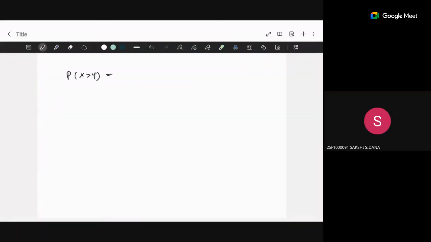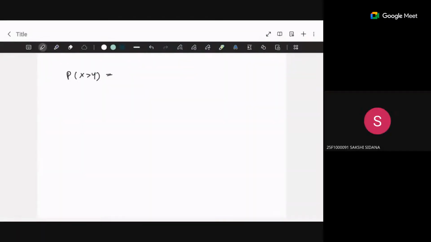The probability of (x minus 1) whole square plus (y minus 1) whole square less than 0.025. So it is actually a circle, right? Yes or no? Yes, ma'am. It is a circle, correct? Yes.